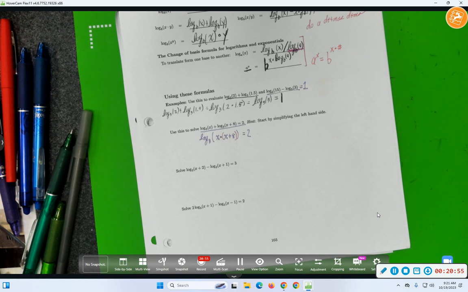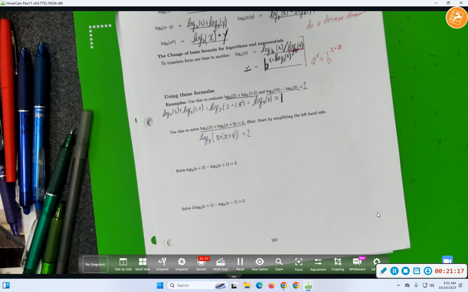So I think if we rewrite in exponential form, it'll become nicer looking. What do you get when you rewrite this as an exponential? Let's just read it out. What's the base? 3.